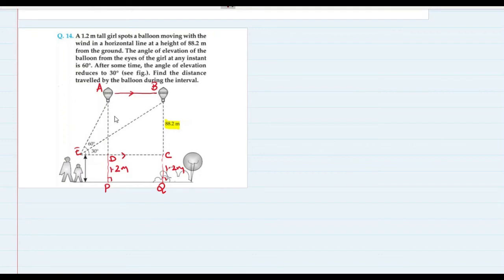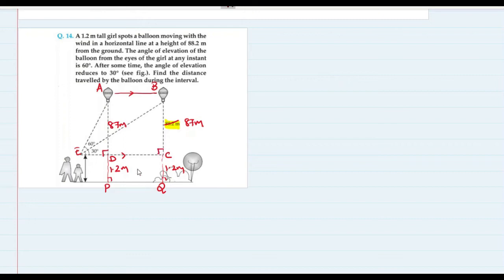That is 87 meter. Okay, so this will be 87 meter, not 88.2. 88.2 is BQ, but BC is 87 meter. Remember that. Okay, great. So we have to find the distance moved by the balloon from A to B, and AB will be equal to CD. Don't forget that.